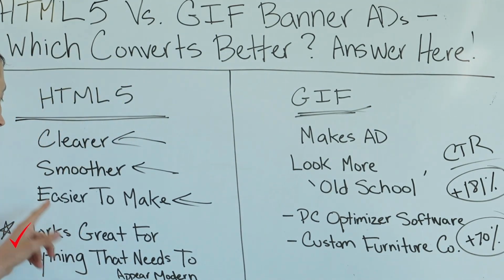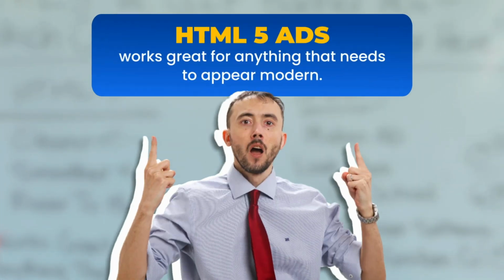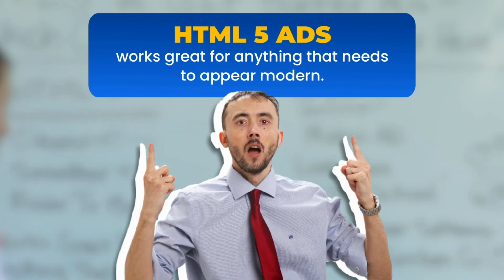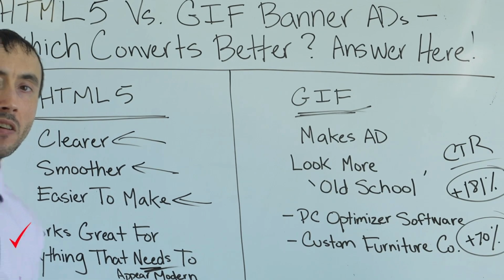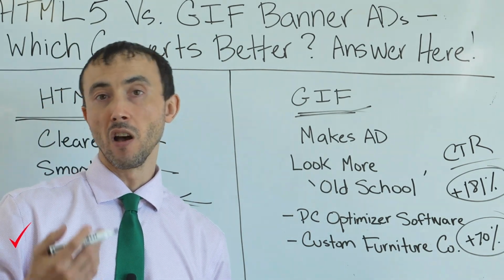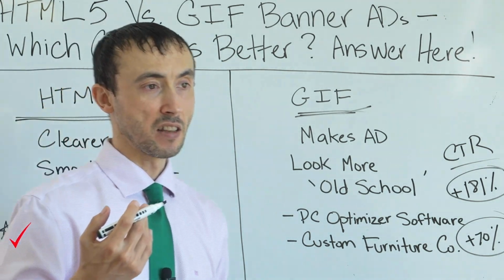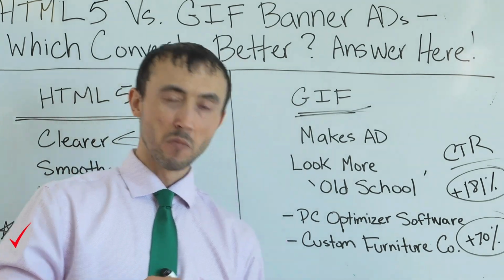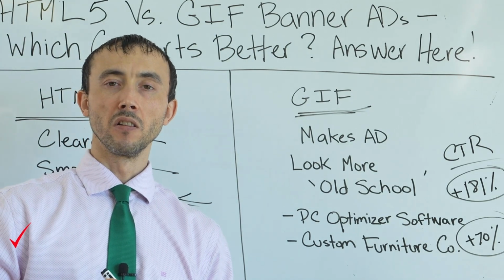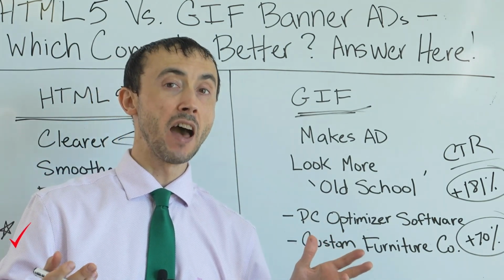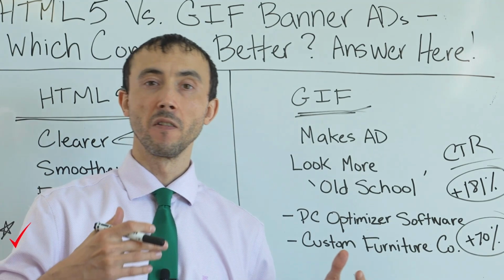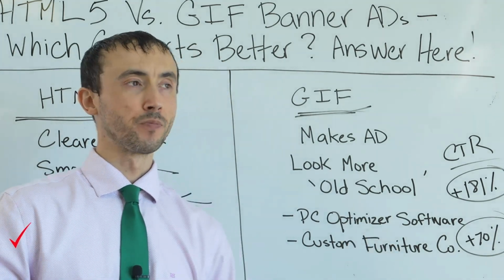Now, HTML5 ads work great for anything where you want to appear more modern, a new product, technology, stuff like that, because it's going to make you look as professional as possible. It's sharper for that reason.